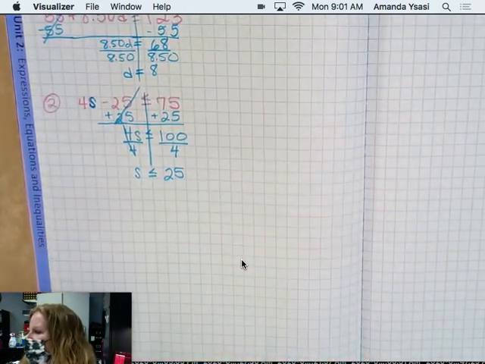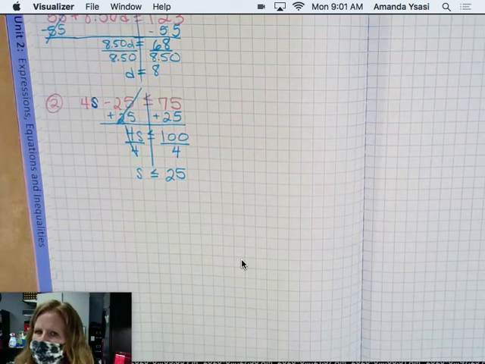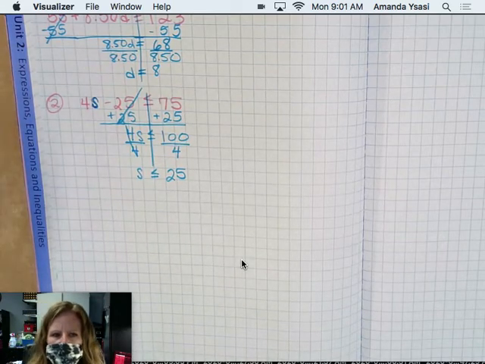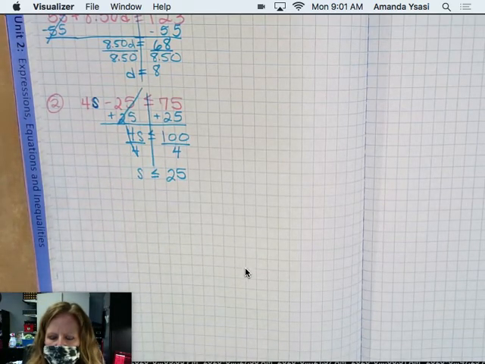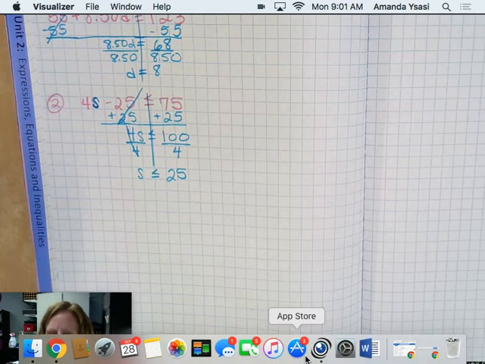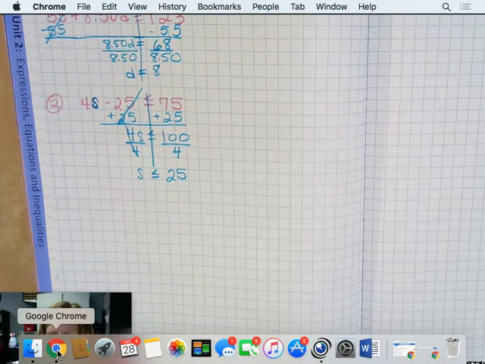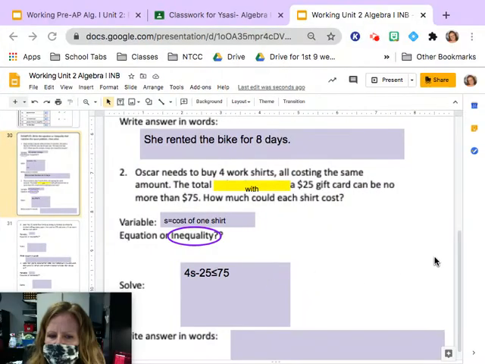So S is less than or equal to 25. So each shirt costs 25. And you bought 4. Yeah. It's kind of stupid.